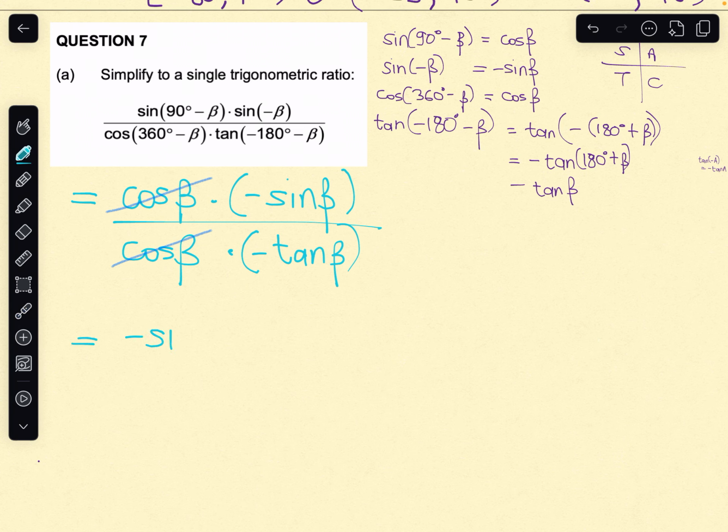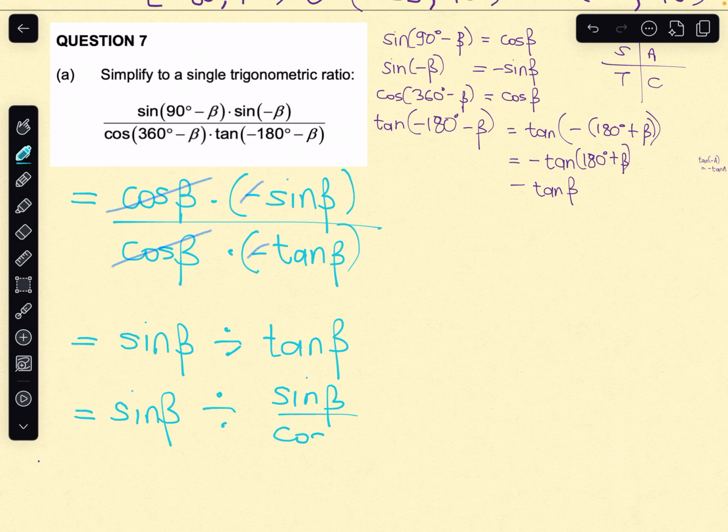We know that the negatives also cancel, so we don't need to carry on with them. Negative over negative is positive. So this is then the same as sine beta divided by sine beta over cos beta.